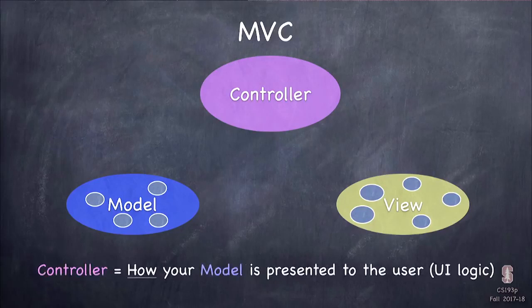That is all part of the controller camp's responsibility. So the controller camp is the how, okay, how your concentration game appears on screen, right? So model is what your app is about, and the controller is how it shows up on screen. And the view camp is your controller's minions, okay?